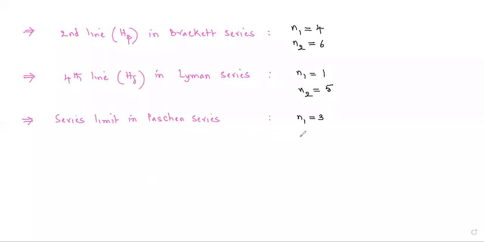And because they have asked for series limit, without any hesitation, you can just say N2 is infinite. Got it? That's it. So this is how, if you can write the N1 and N2 values, solving problems is just easy. Let me give you the expressions one by one before going for the problem.